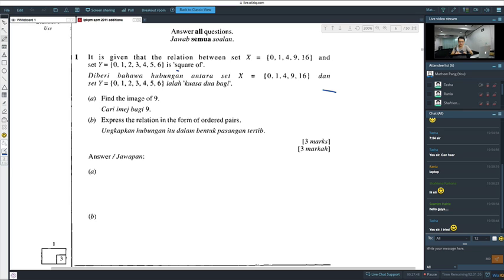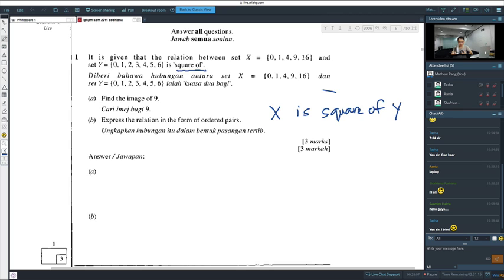What is the meaning of "square of"? When the question says "square of", it basically means the set X is the square of Y.